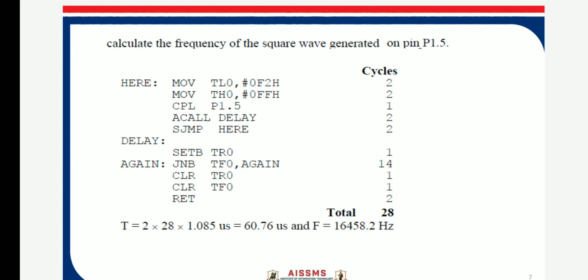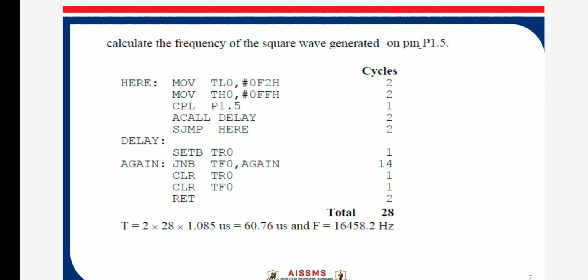Once this condition is not satisfied, then it clears TR0, which means it stops timer 0. Then it again clears TF0 for the next round. Then after hitting the RET instruction, it comes out of this subroutine and repeats the same program.